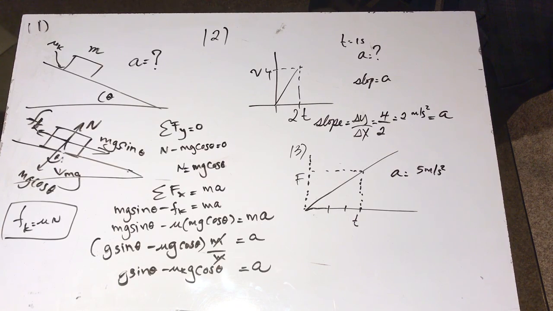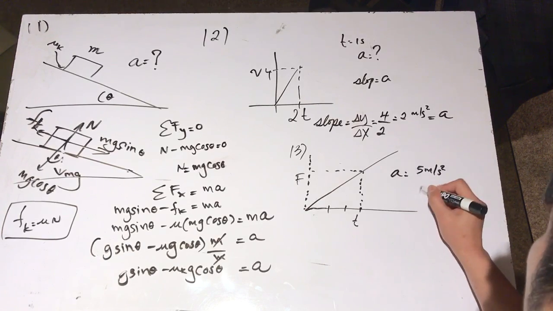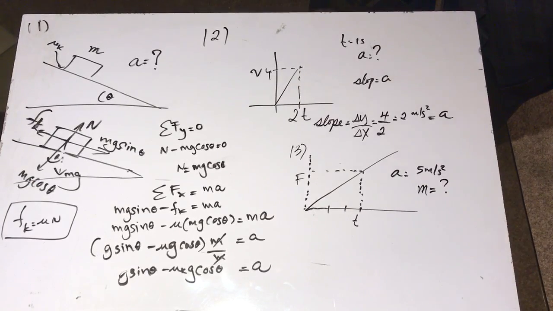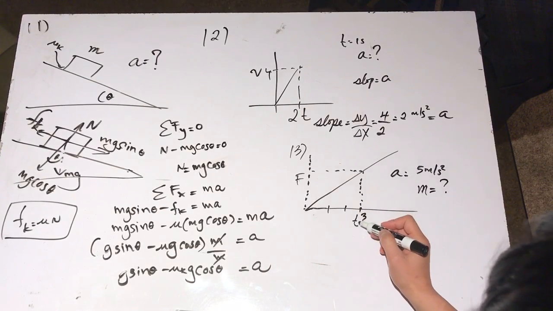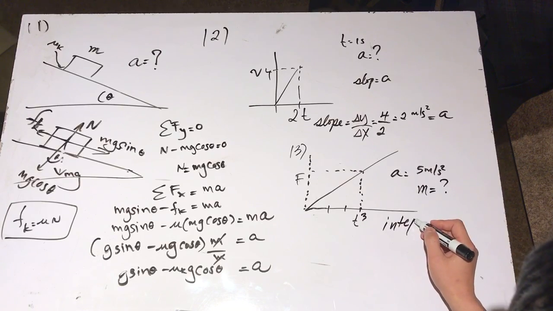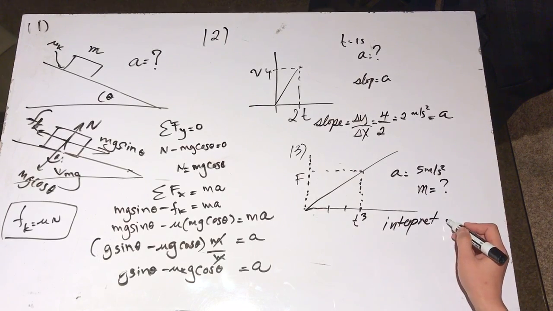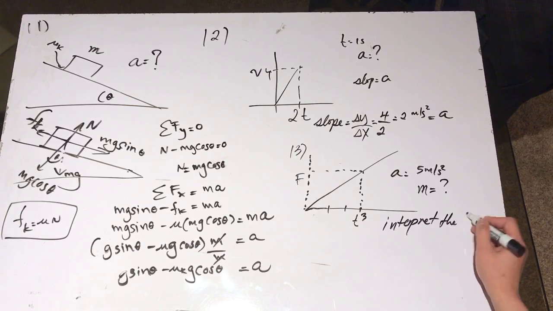So you're looking for the mass. You don't know what the mass is, but you know the acceleration. You figure out the force from the graph. At t equal to 3 seconds, the force is 15.